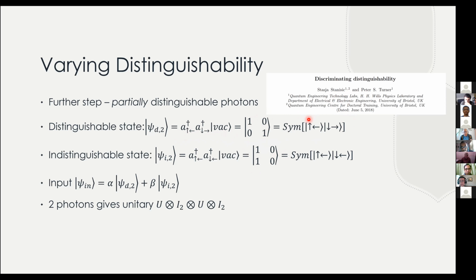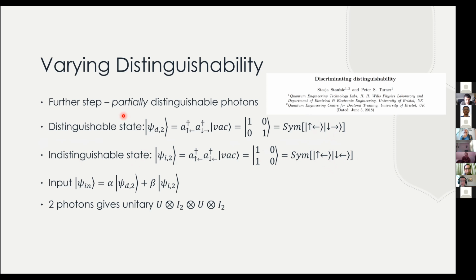In full detail, that's better written as the symmetric state, because of boson statistics, of the top left and bottom right photons. And similarly, the indistinguishable state is the symmetric state of top left and bottom left. When you write this out in full, for the indistinguishable state you can't determine which photon is in the top and bottom modes, whereas for the distinguishable state you can, which is exactly what we're looking for and makes sense in terms of what distinguishable and indistinguishable mean.